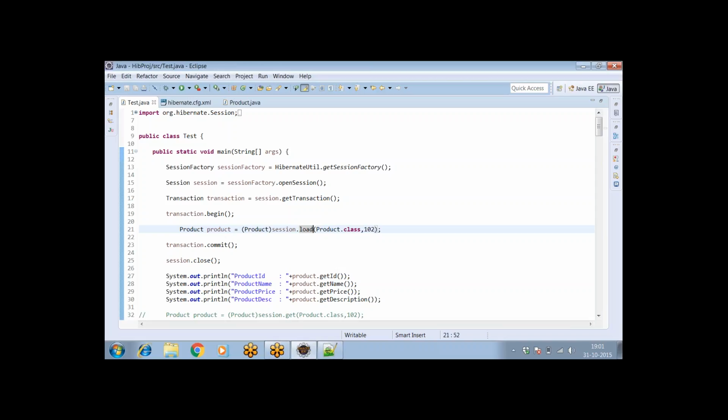What is the advantage of using the lazy loading strategy?